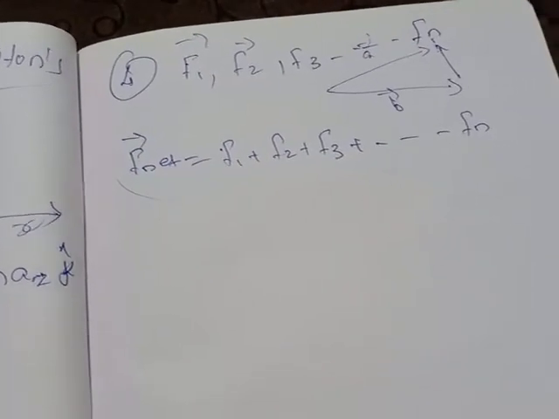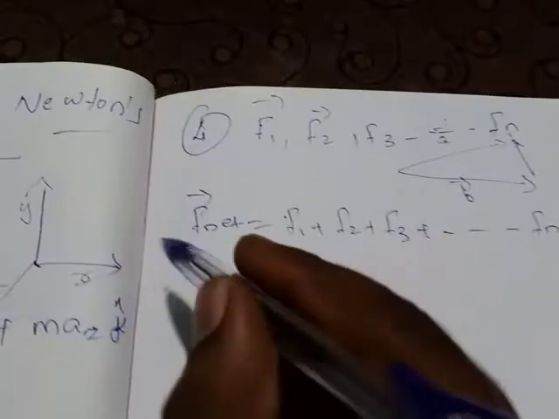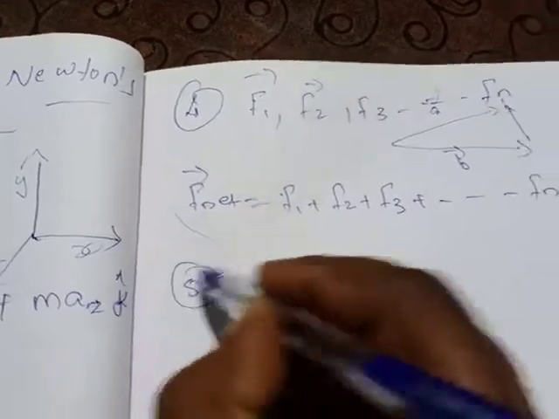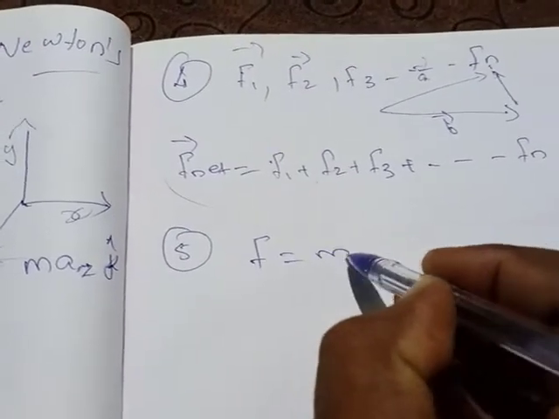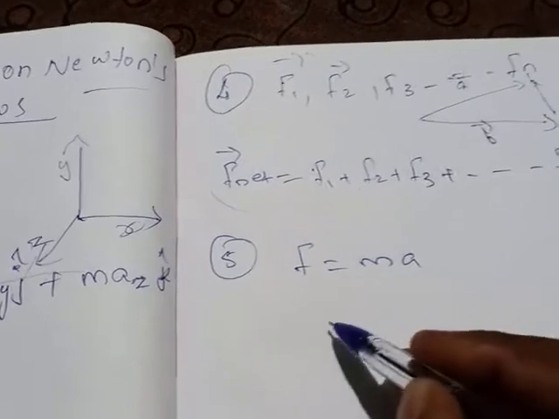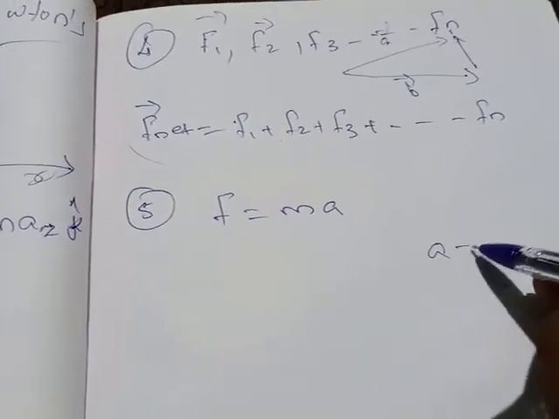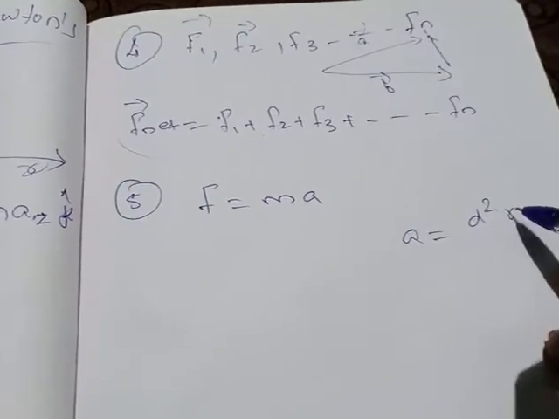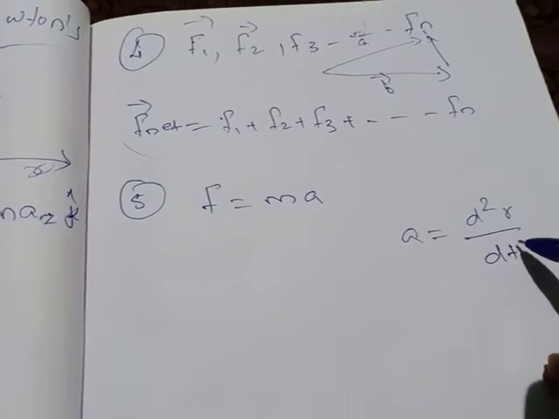And the fifth point is Newton's second law, F is equal to ma. The same thing we can write using acceleration as d square r by dt square.